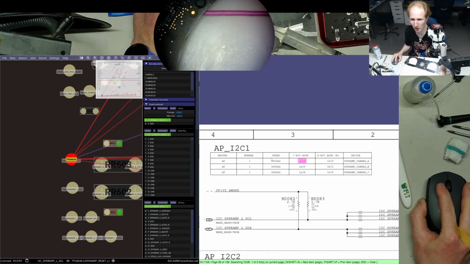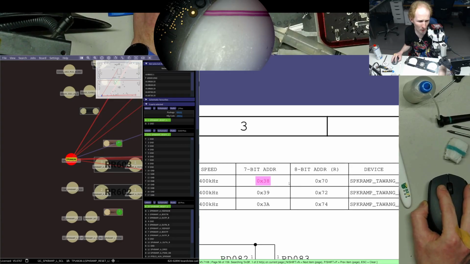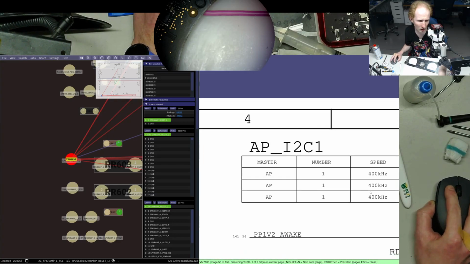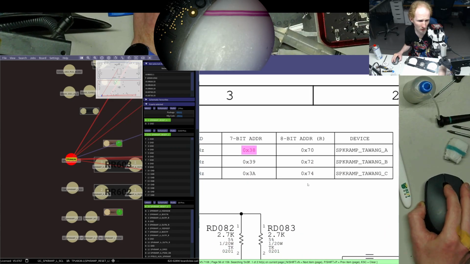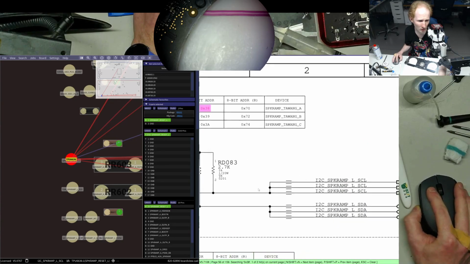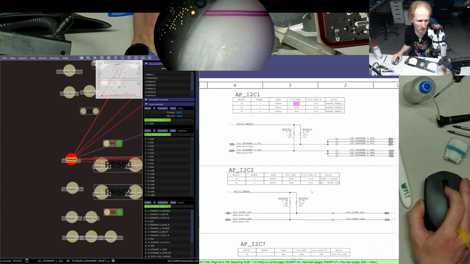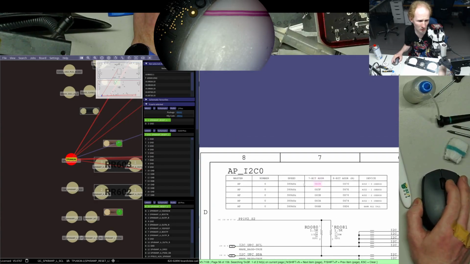Let's look for the page which shows us speaker amps. Okay, so we have one here, so this would be 38, 39 and 3A. ABC. And there should be someone here.